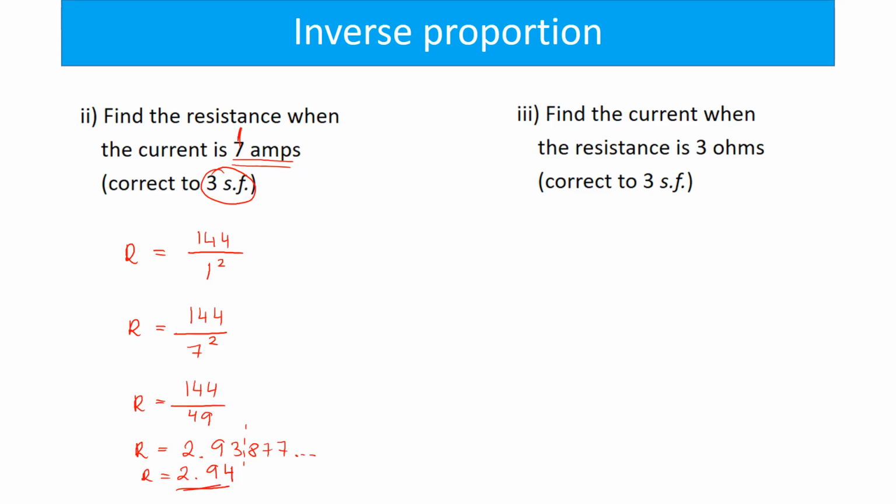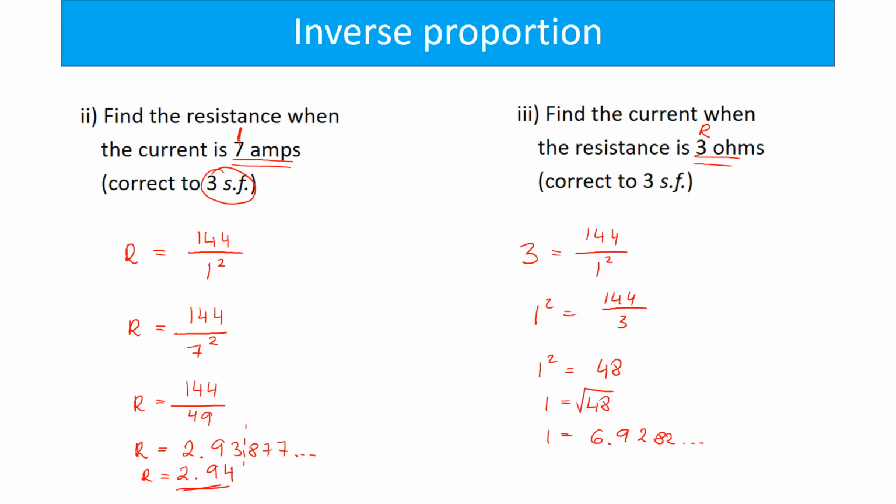In the other question, I need to find the current when the resistance is 3. So this is R. The resistance is 3, and I need to find the current. To find the current, I need to divide 144 by 3. So I squared equals 48. To find the value of I, I need to square root 48, and that is 6.9282 and so on.